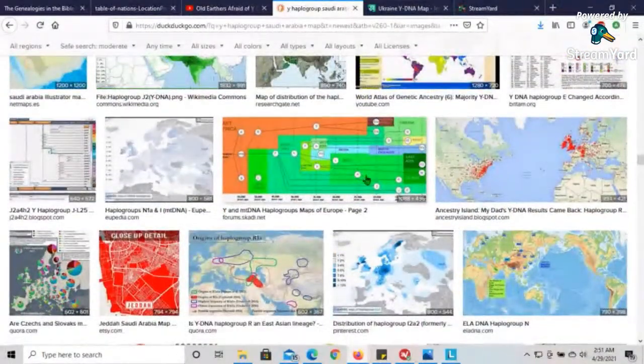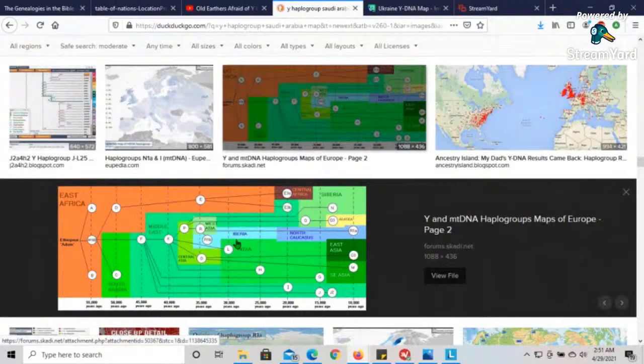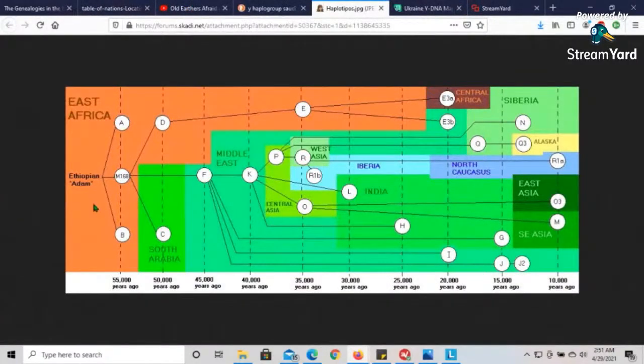Found another map here. This is kind of interesting. I don't know the age of this, but it's really kind of off. I don't want to really go into it right now, but I suppose we could. Just to show the contradiction, you have A, B, and then you have the C, says South Arabia. I'm thinking this is older.